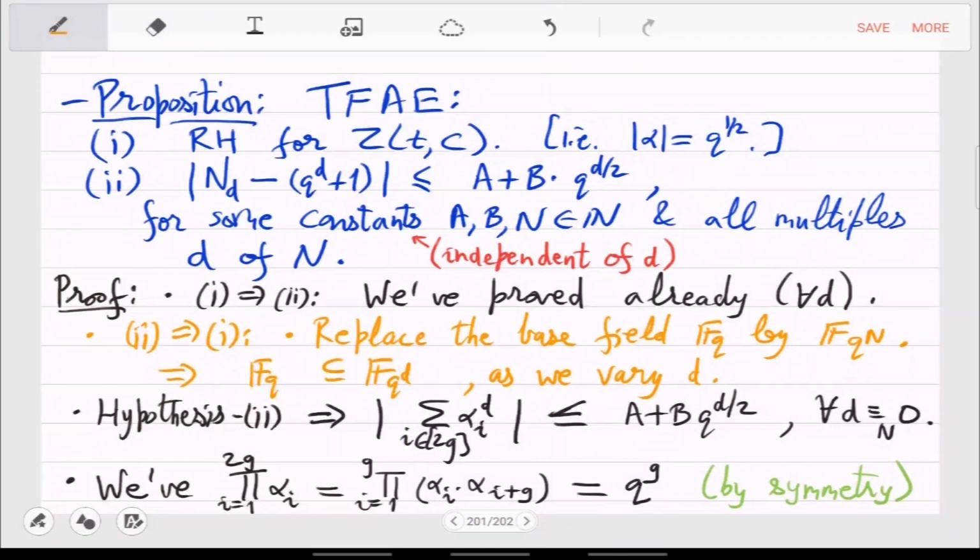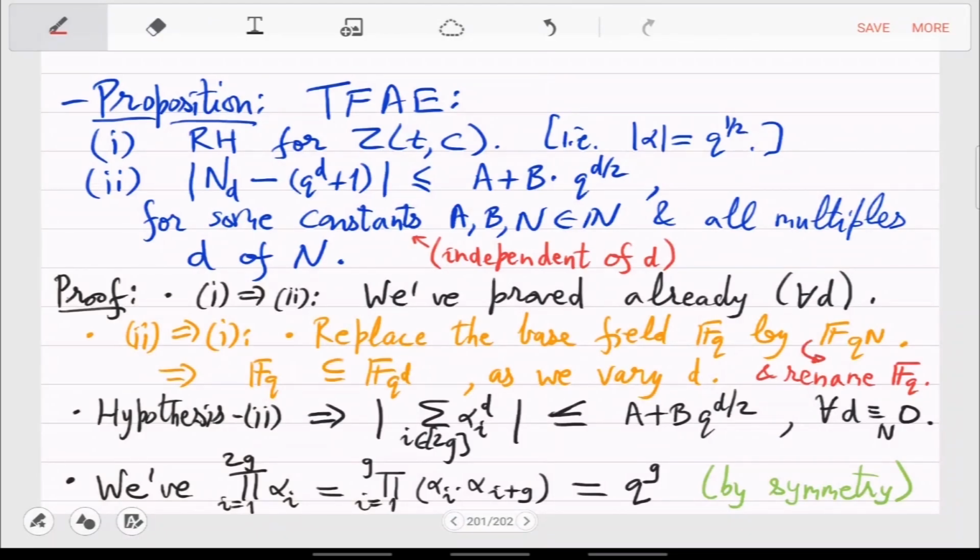So let's continue to call this as FQ, just to simplify the notation.